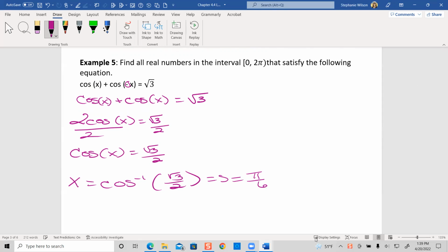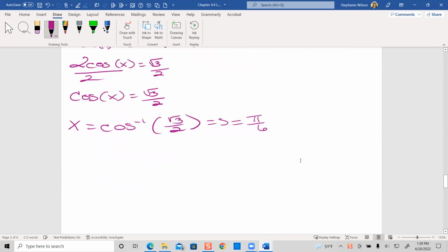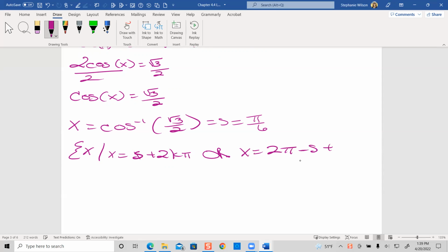So what I need to do is pick the identity I'm going to use for the cosine, and what I notice based upon my value being greater than 0, then I'm going to use this identity. All right, that should be a pi. I get a little sloppy on my writing, apologies. There we go.